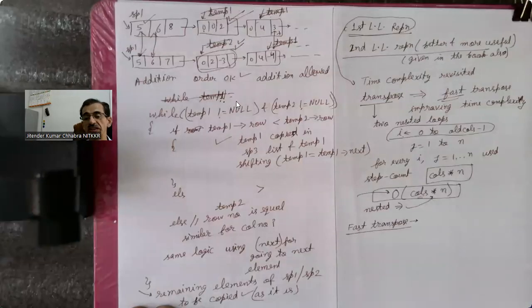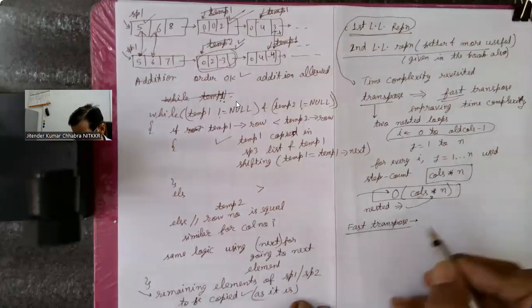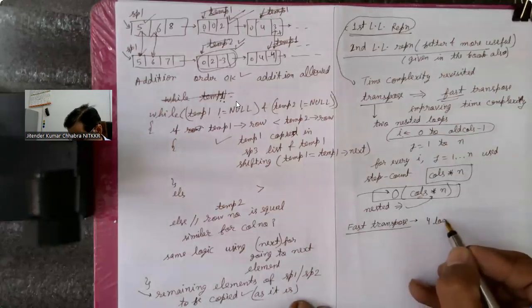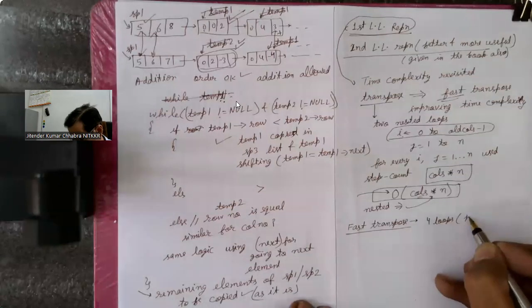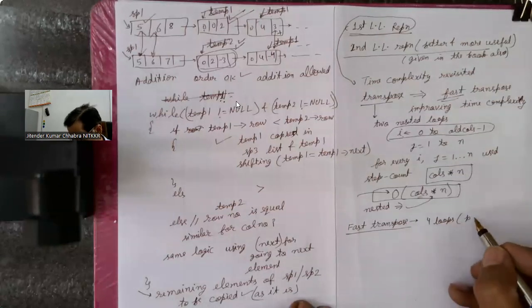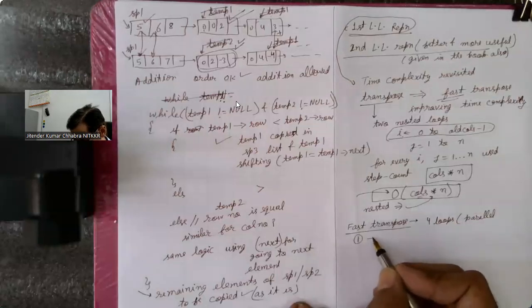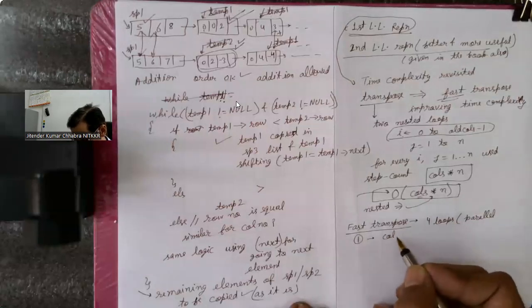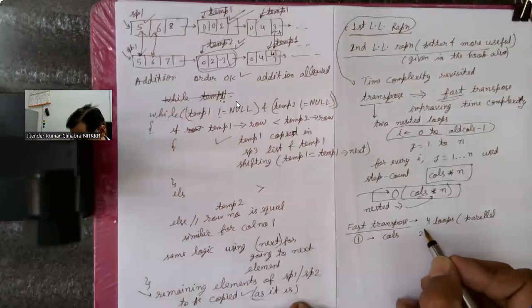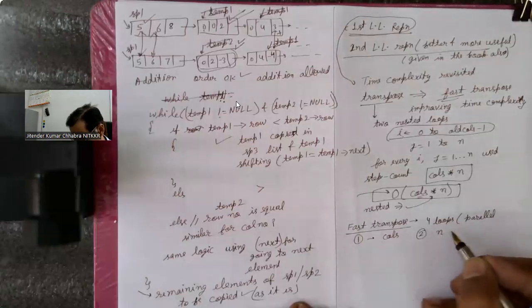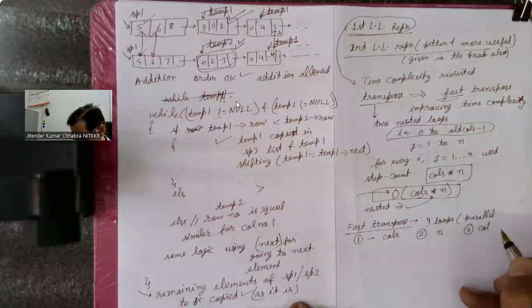Now if you see here, we had 4 loops, but I claim them as parallel loops. Parallel loops effectively mean my first loop executed approximately column number of times. My second loop executed approximately n or n plus 1 times. My third loop executed again column number of times to calculate the starting position.